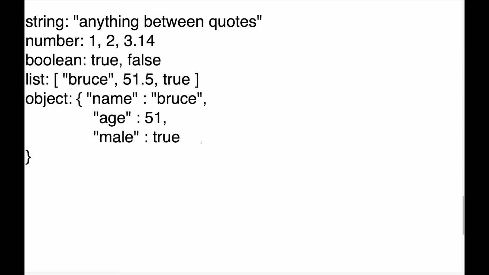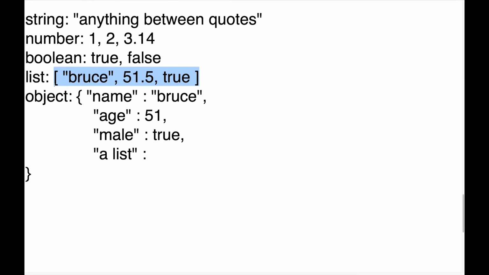I separate my key values with commas, and I want to make a new key, which we can call list. And what I can do is take this whole list here and make that the value for that key. That's where it gets a little bit funky. I can take a list and use the whole list as a single value for one key.